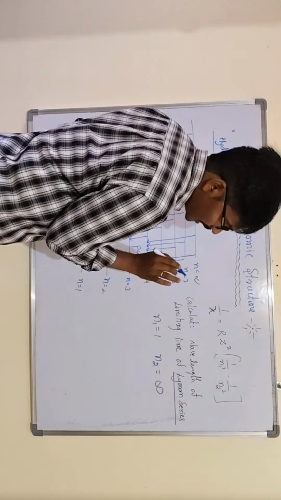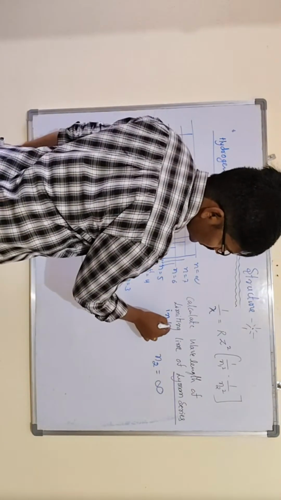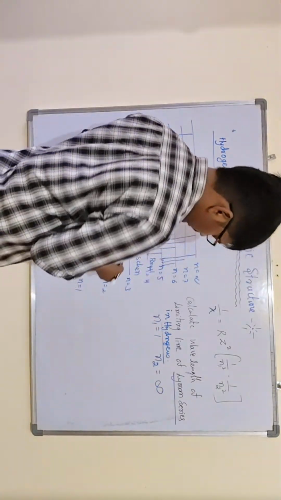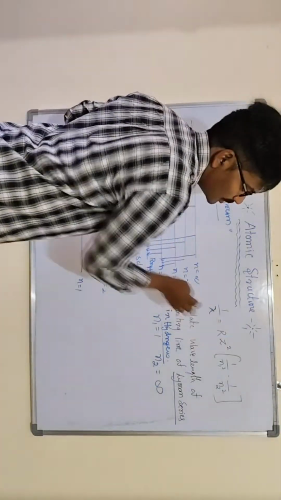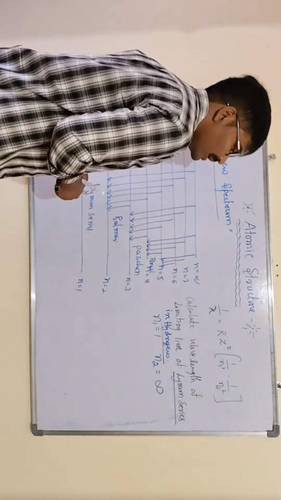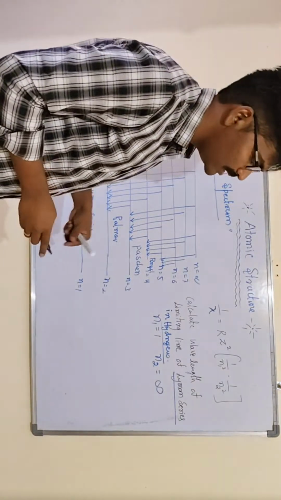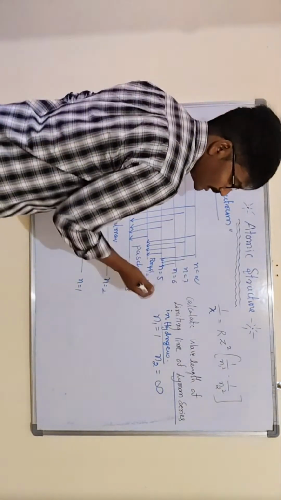Is it a hydrogen atom? Yes, you take hydrogen atom. For hydrogen atom, Z value need not be taken; for other species like helium plus ion or beryllium plus 3 ion, you take Z as the atomic number.